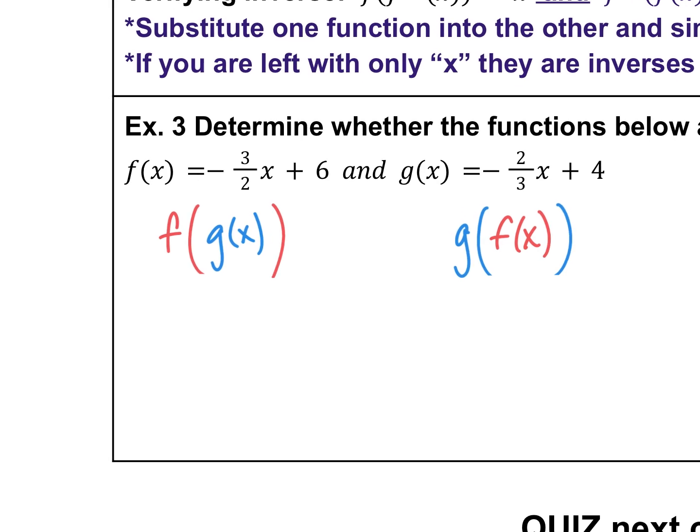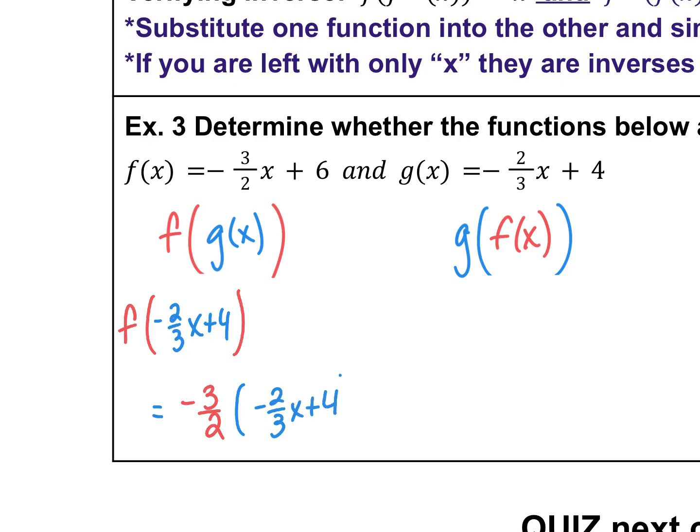Okay, so the first thing, f of g, do I know what g is? What is it? Yeah, so could I plug that into f? I think I could. F of x is just negative 3/2 x plus 6. I could plug this into x, right? So plugging in that whole g and then leaving everything else about f the same. And then simplifying it. Are you with me right now? Do you see what I did there?